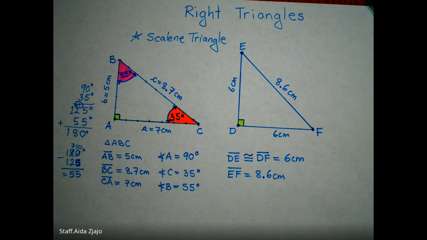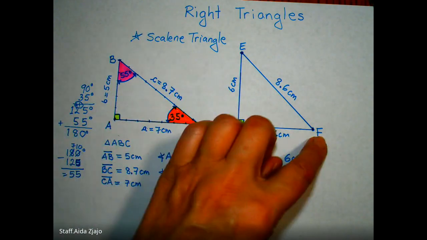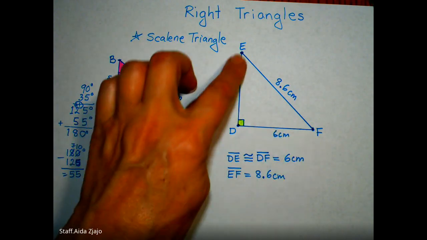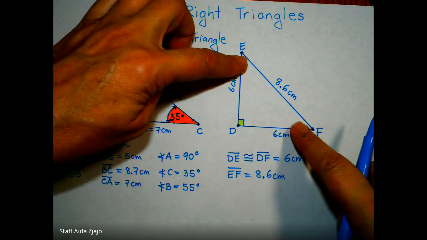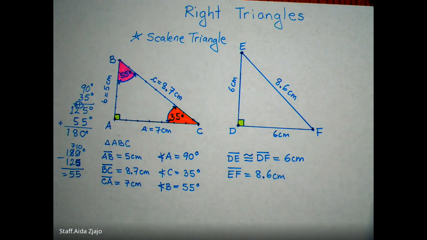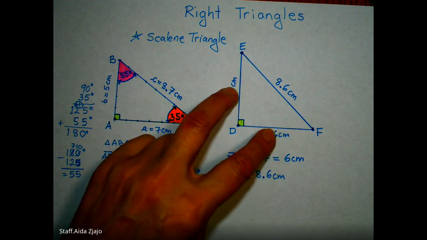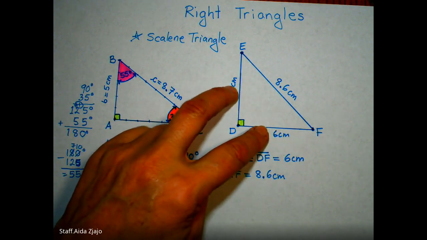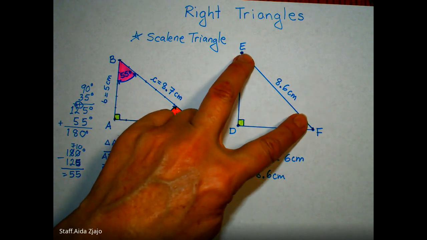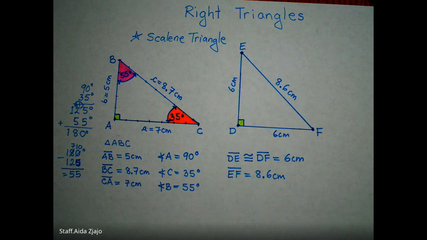Okay, and so we know this is 90, and we know these two sides are equivalent or congruent. So these two angles also have to be congruent, because by the rule, if there are two congruent sides, there are two congruent angles that they share.